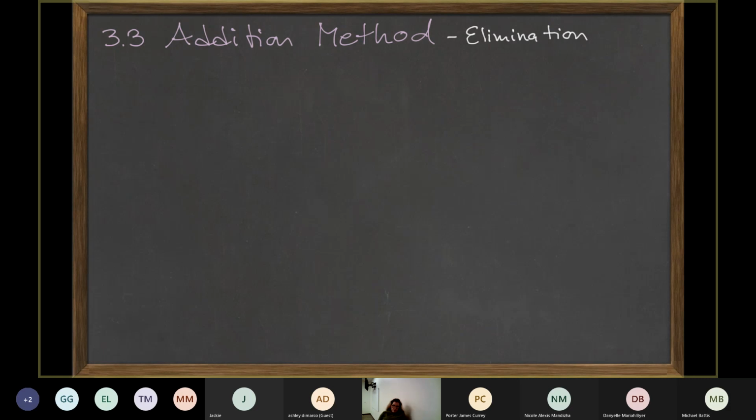It's too easy. So for example, we have a system of equations that is 2x plus 3y equals 6, and the other one is 3x minus 3y equals 4. I just made that up. Addition method or elimination means that now we have to get rid of a variable.